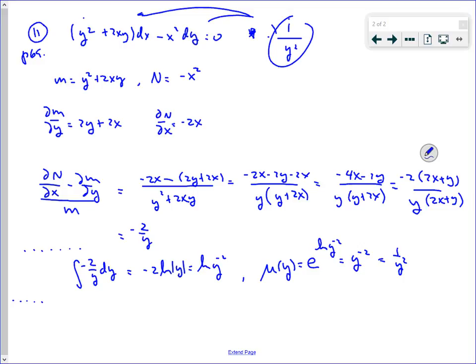When I multiply the first one by that, I get y squared times 1 over y squared, that's 1, and 2xy times 1 over y squared is plus 2x over y. That's dx. When I take the second one and multiply by 1 over y squared, I have a minus x squared over y squared dy. And 0 times 1 over y squared is 0.